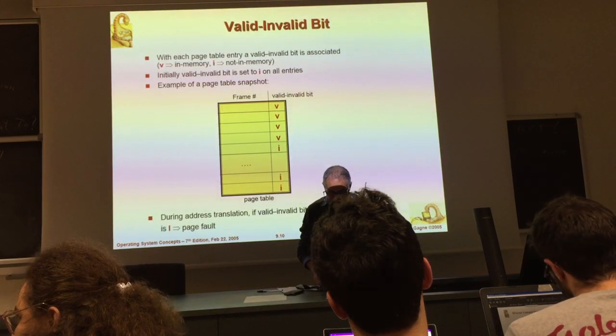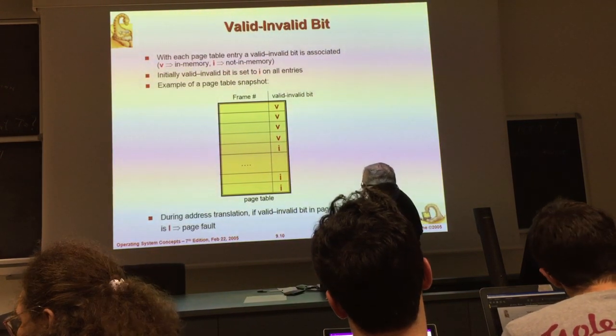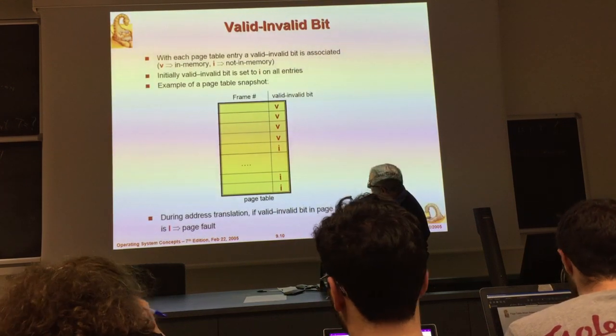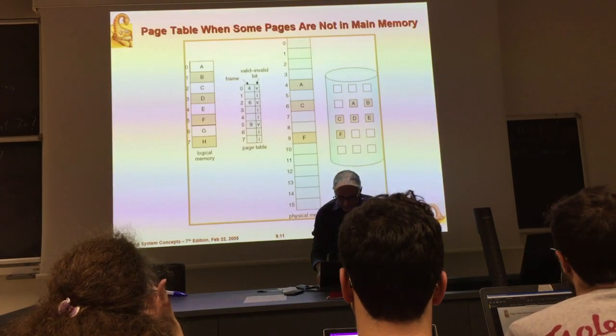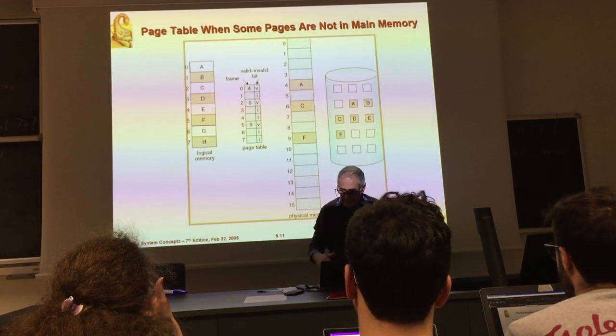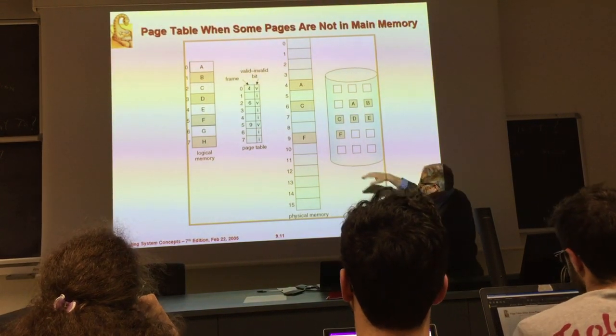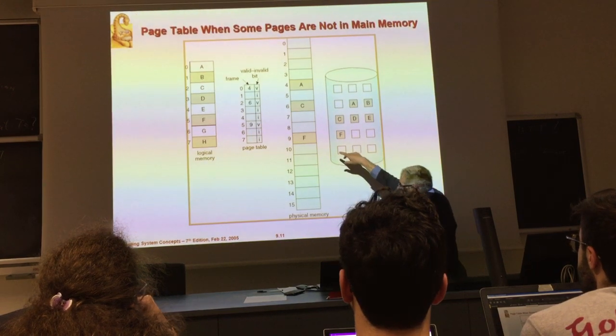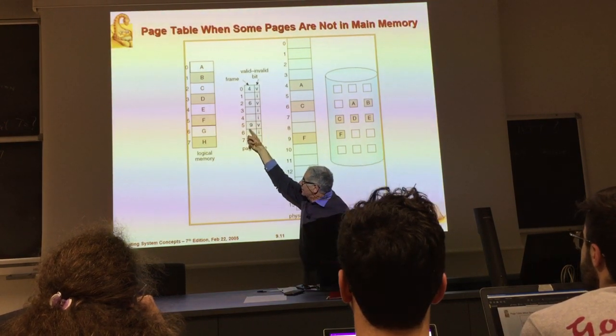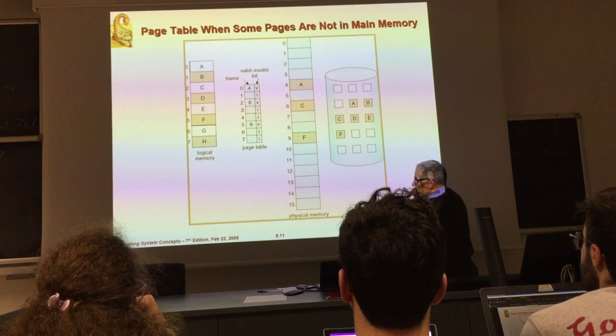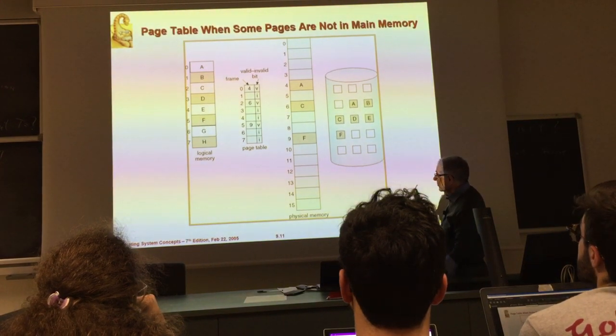Then the invalid bit, I already illustrated it. In this case, you have A, C, and F that are in memory, so you have only 3 entries, and the related association between page number and frame number.